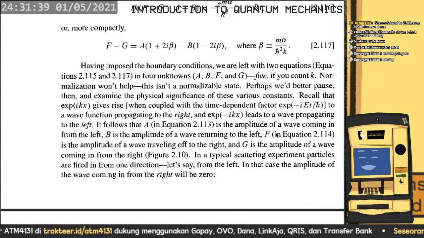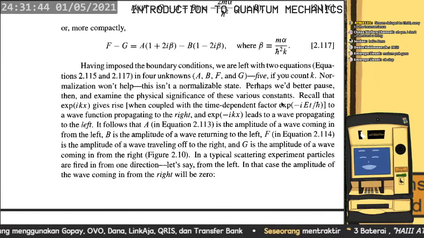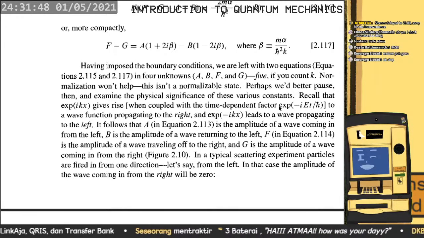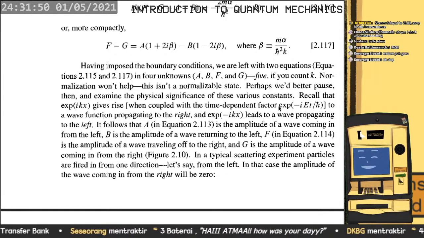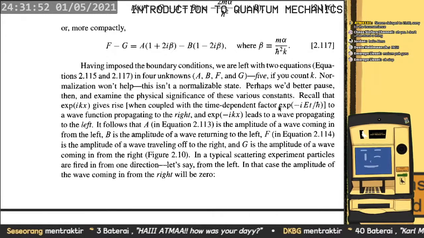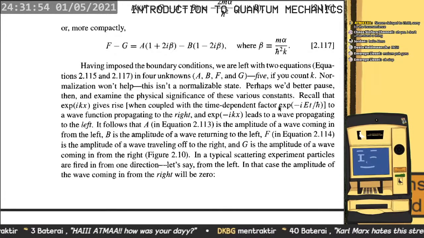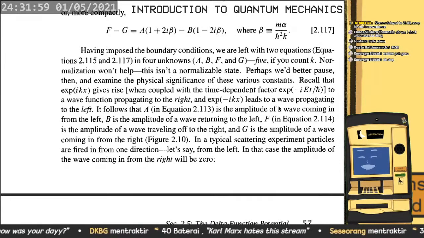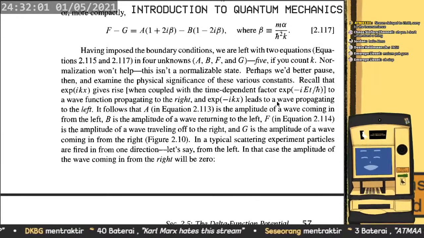It follows that A in equation 2.113 is the amplitude of the wave coming in from the left, B is the amplitude of a wave returning to the left, F in equation 2.114 is the amplitude of a wave traveling off to the right, and G is the amplitude of a wave coming in from the right, figure 2.10.